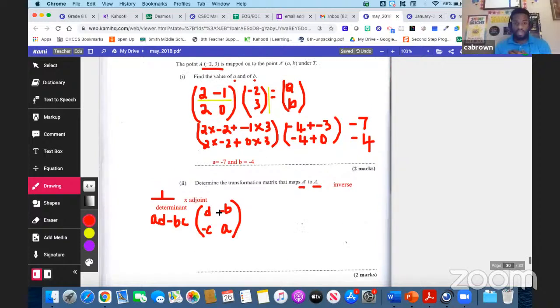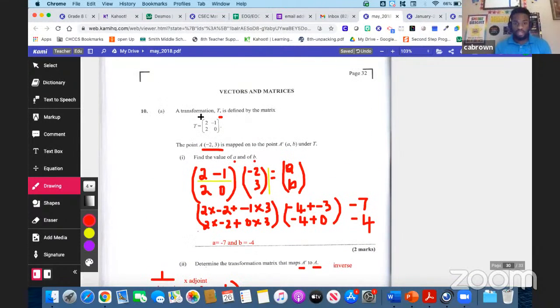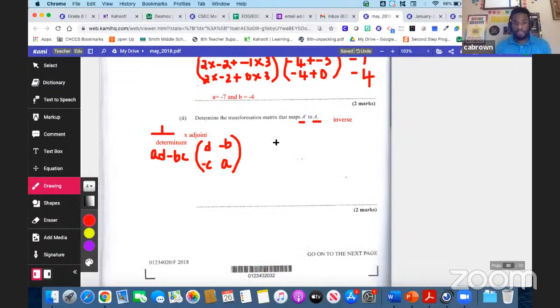The information that we're given is this matrix right here. We're given the translation, which is 2, -1, 2, and 0. So pretty much we're going to be finding the inverse of this. First, we want to go ahead and find the determinant.